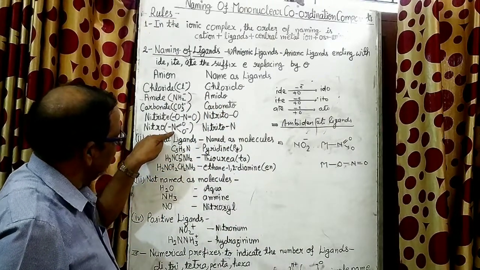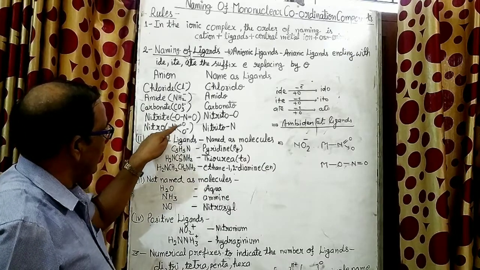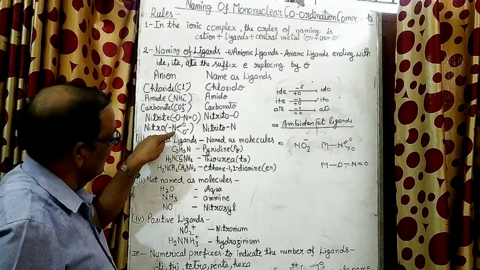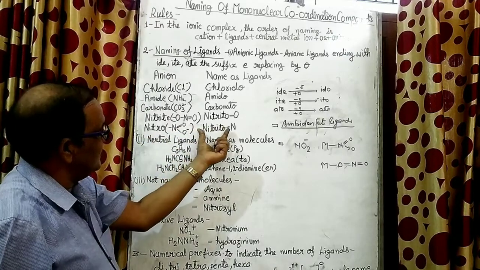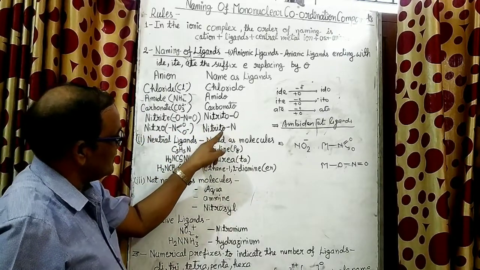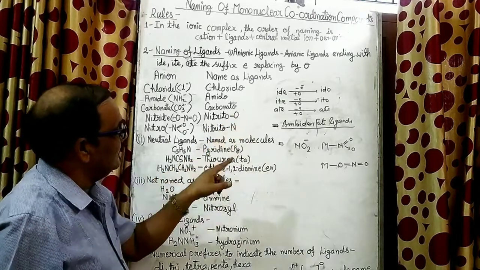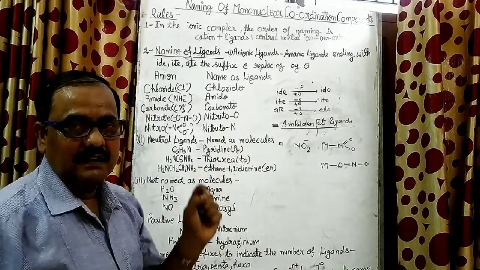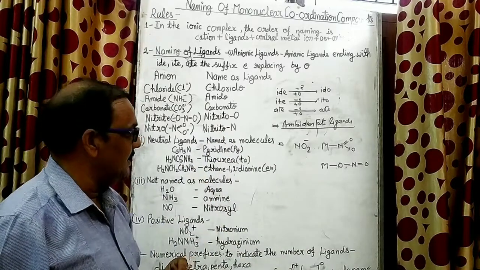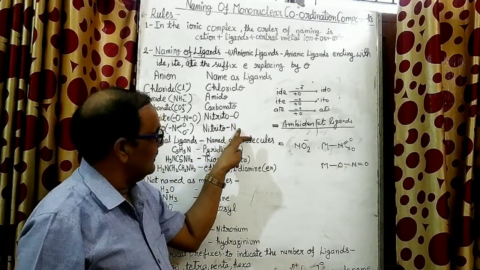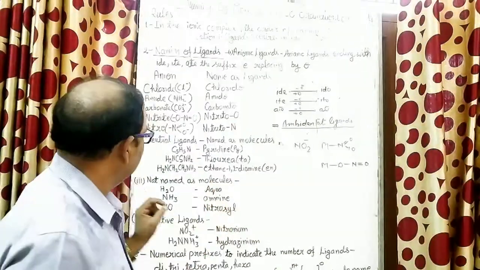In the second case, that is M-NO2, the nitrogen is the donor atom, therefore the ligand's name is nitrito-N. It means O and N indicate the donating sites of the ambidentate ligand which is attached to the central metal. Clear, class?